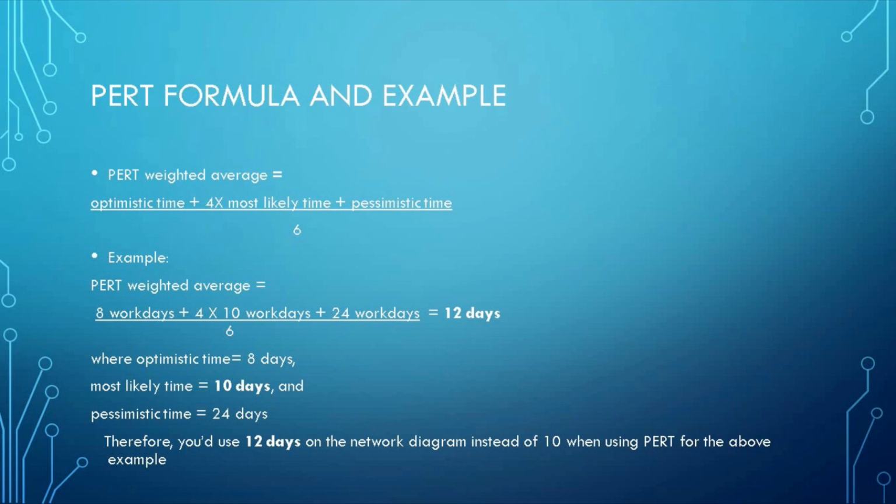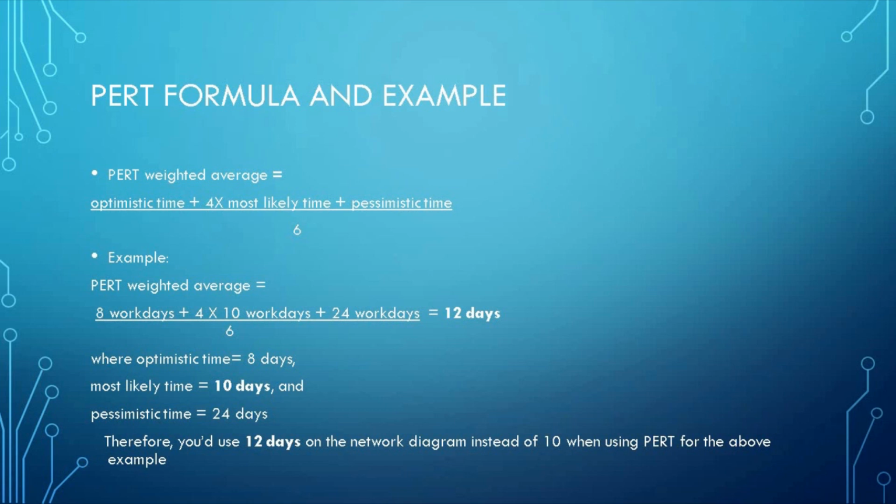Use the formula to calculate the time to use for each project stage: optimistic time plus 4 times most likely time plus pessimistic time, divided by 6.